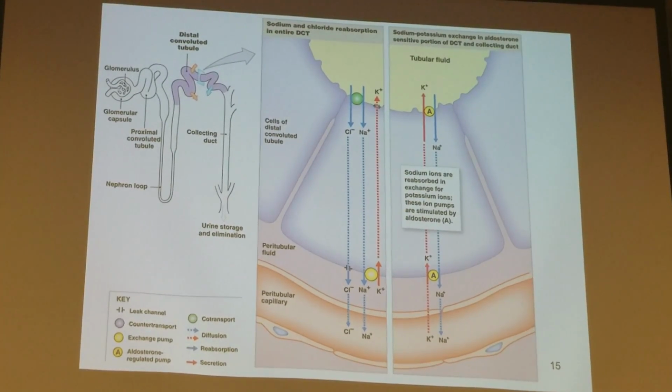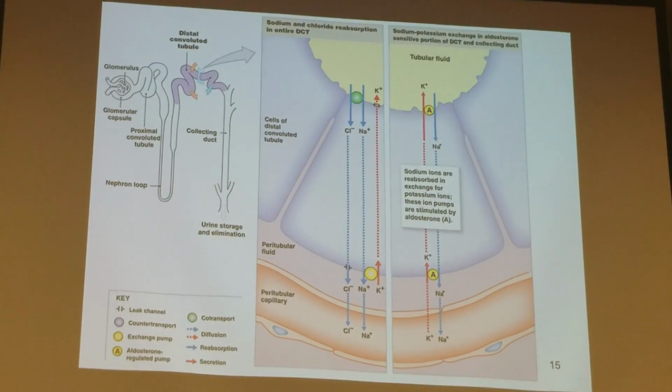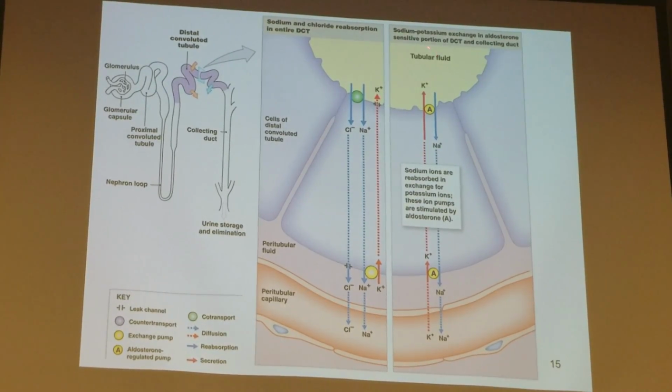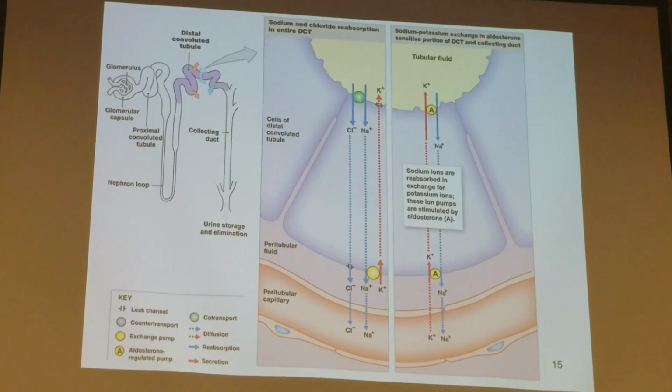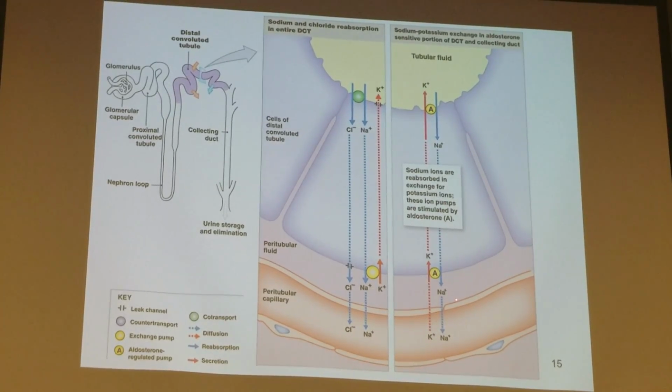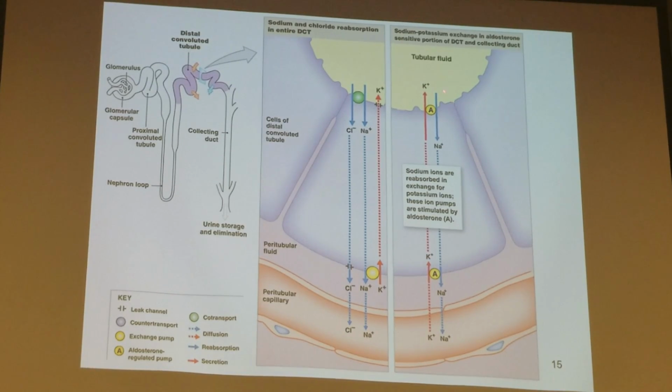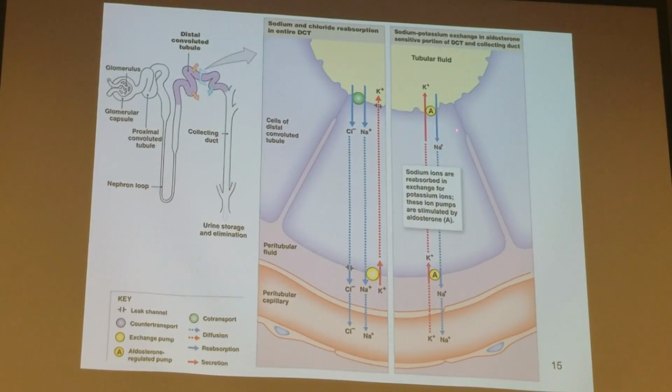Now, if I give you a hormone called aldosterone, right? Look what it says up here. Sodium-potassium exchange in aldosterone-sensitive portions of the distal convoluted tubule and collecting duct. When you have aldosterone present, you increase the number of sodium-potassium pumps in the membrane. What they really shouldn't be showing you is that that's not a pump.